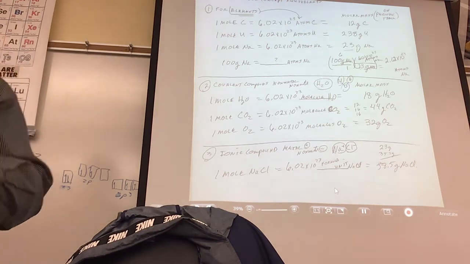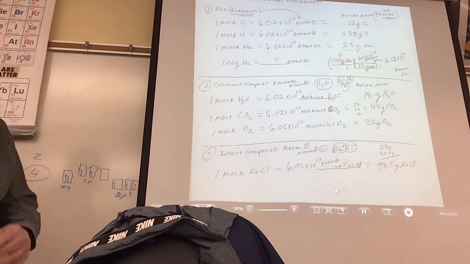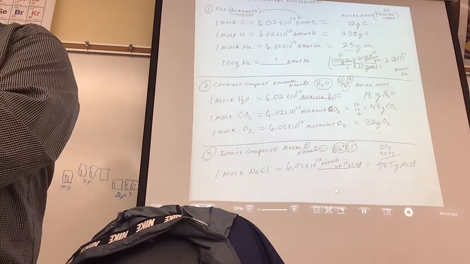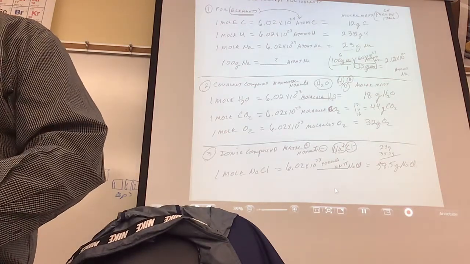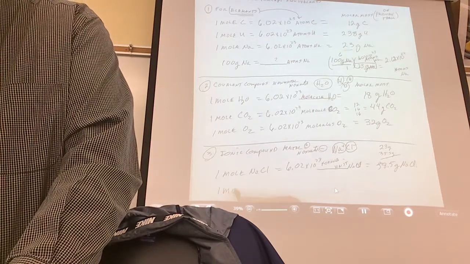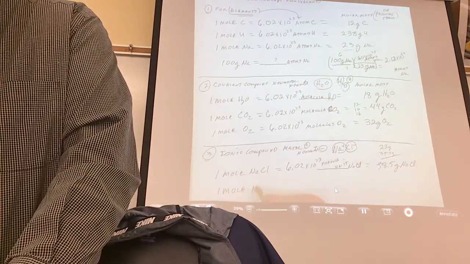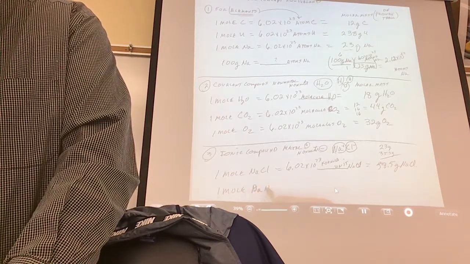Ionic compounds could be something like NaCl, but let's try a new one. Let's see if you can do this one. 1 mole of Ba, let's do BaNO3.